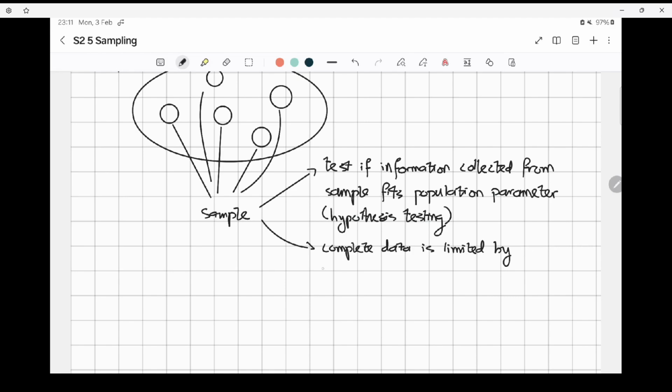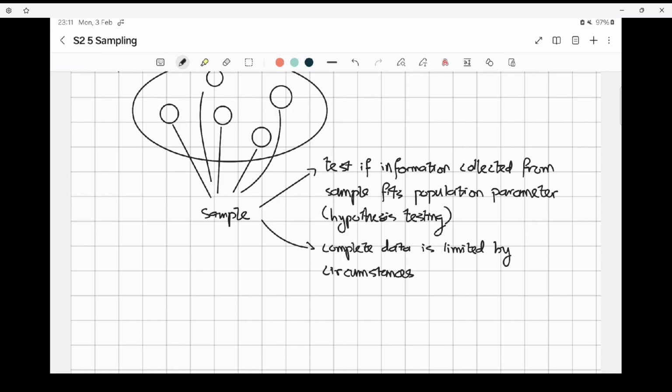For example, it is not accessible for you to look at the whole country, or let's say you want to test how durable some product is, you can't possibly test all the products.